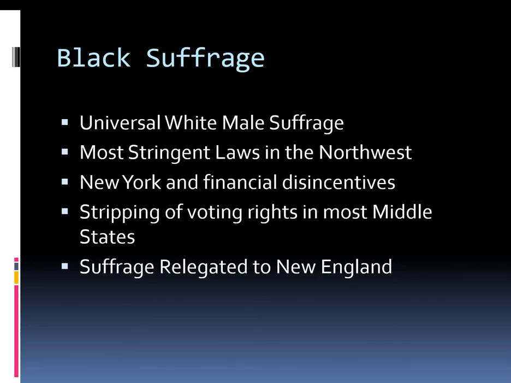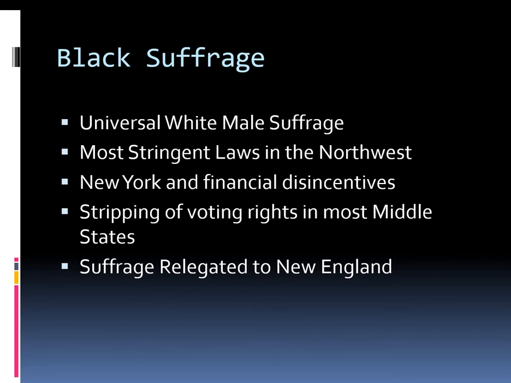Now, it was most stringent in the old Northwest, where I think every single one of those states said if you were black, you could not vote, period. New York had financial disincentives. I believe you still had property owning. I believe you still had poll taxes that blacks had to pay.